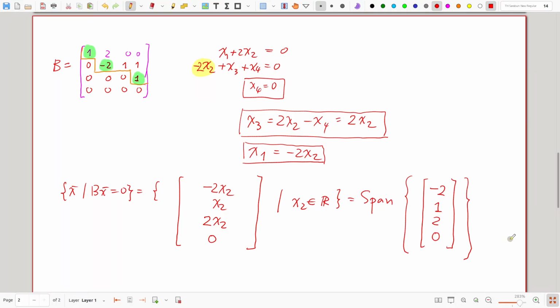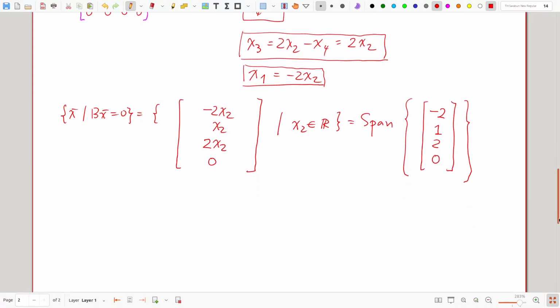If you scale this vector, you also get the same span. So if you answer minus 1, 1 half, and 1, that's also correct. You can also answer 1, minus 1 half, minus 1, that's also correct. Whatever you multiply this with, it's going to be correct, unless you multiply with 0, then everything is gone.